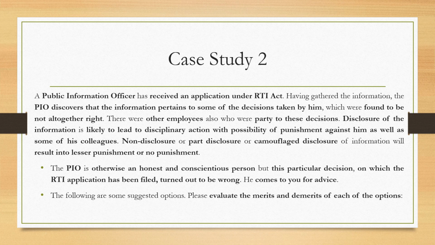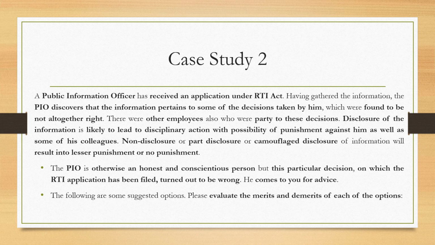Having gathered the information, the PIO discovers that the information pertains to some of the decisions taken by him, which were found to be not altogether right. There were other employees also who were party to these decisions. Disclosure of the information is likely to lead to disciplinary action with possibility of punishment against him as well as some of his colleagues.